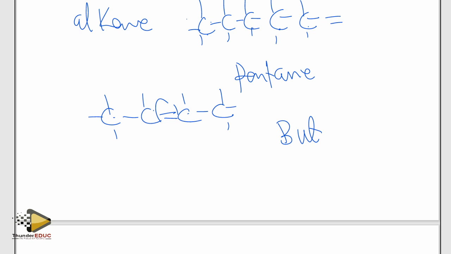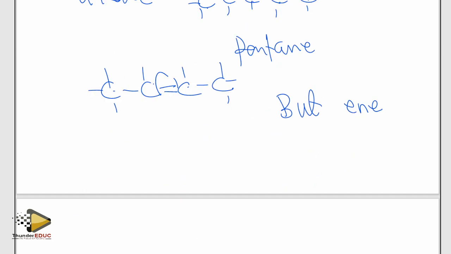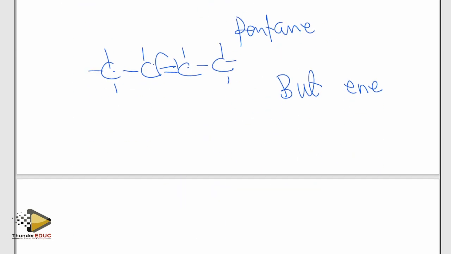Therefore, I'm going to add ene, because we say that it ends with ene. But now, what is the position of this double bond? If I count from this side, it's 1, 2, so it remains the same. So I put 2, and it becomes but-2-ene. I think I'm clear there.